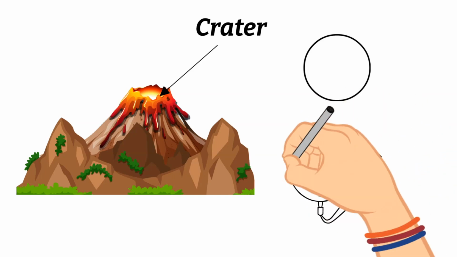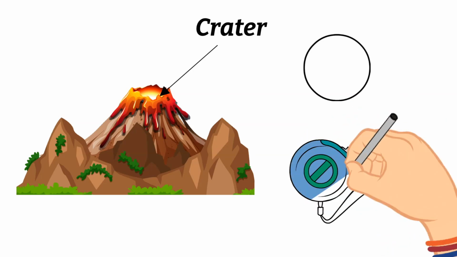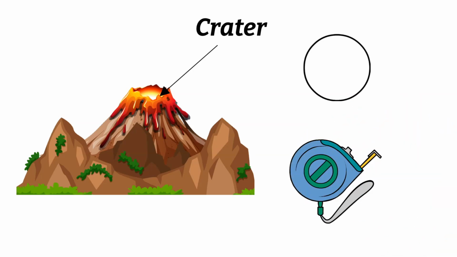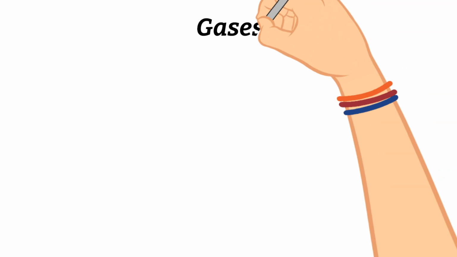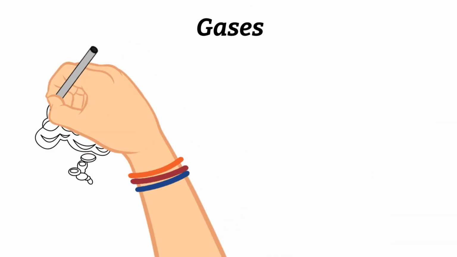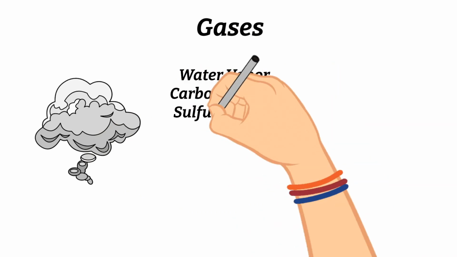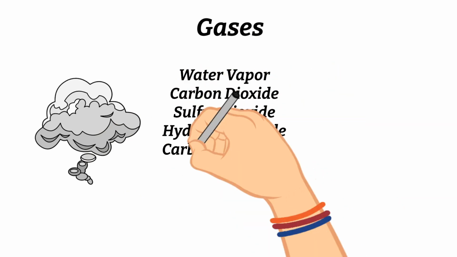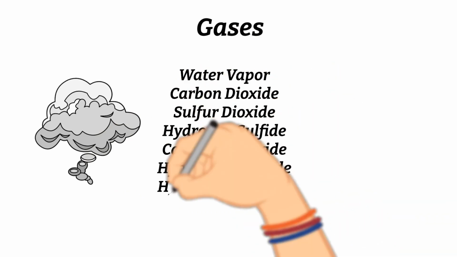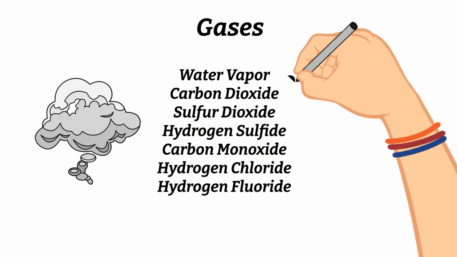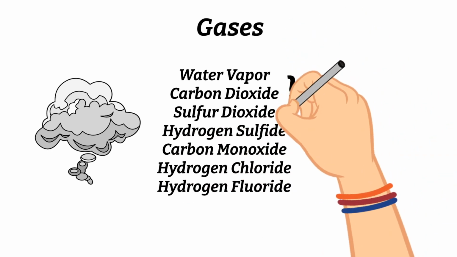And last, let's talk about the gases that volcanoes produce. Volcanoes produce a variety of different gases that can include water vapor, carbon dioxide, sulfur dioxide, hydrogen sulfide, carbon monoxide, hydrogen chloride, and hydrogen fluoride.